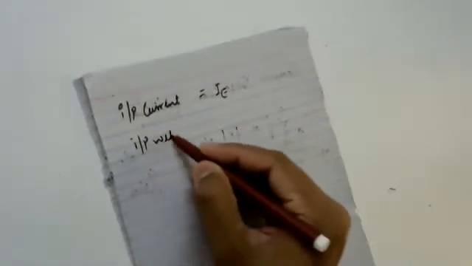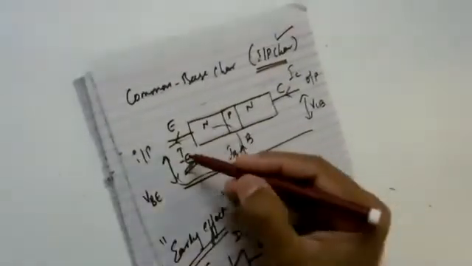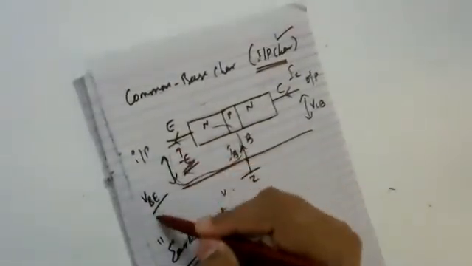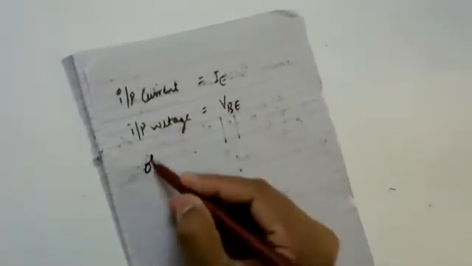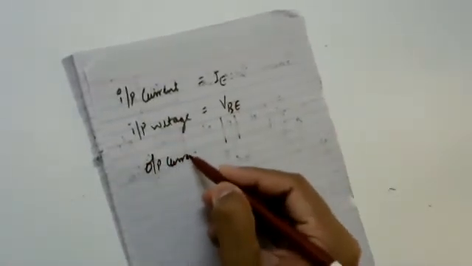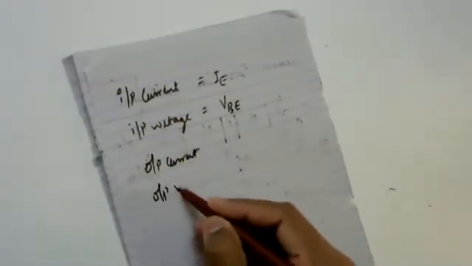The input voltage is the voltage applied on the input port, which is nothing but VBE. Now I want to know what is my output current and output voltage.